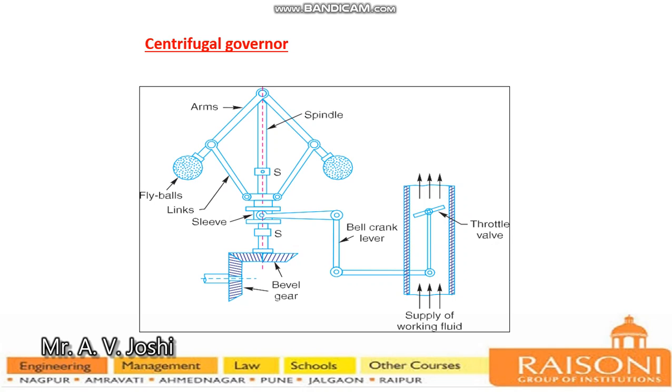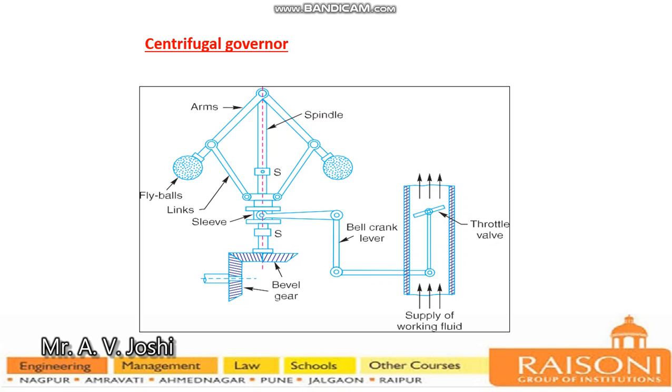It consists of two balls of equal mass which are attached to the arms, as shown in the figure. These balls are known as governor balls or fly balls.